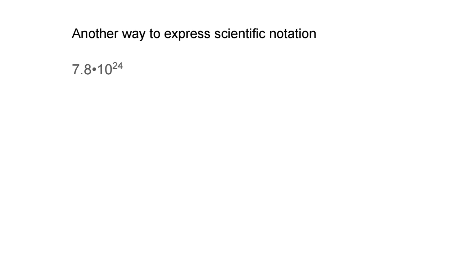Instead of saying the times 10 to the power of, they replace this part in here with either an E or a small uppercase E. And occasionally, in front of that exponent, you'll see a plus or a minus, just to really emphasize which direction that decimal point is going. So 7.8 times 10 to the 24th, to plug this into your calculator, you actually go 7.8 little capital E 24.